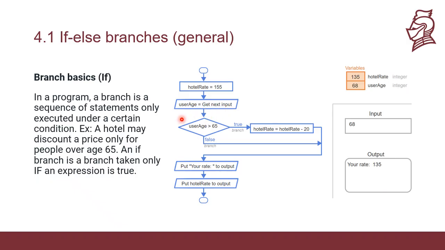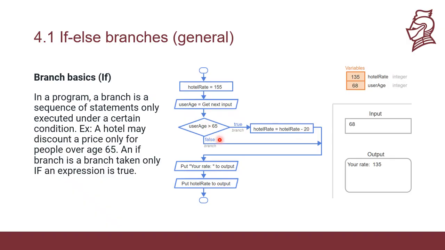And then the diamond is a decision box. So user age is greater than 65. That's a test of user age. If the value in the user age variable is greater than 65, if this evaluates to true, then we take the true branch and we set the hotel rate equal to hotel rate minus 20.